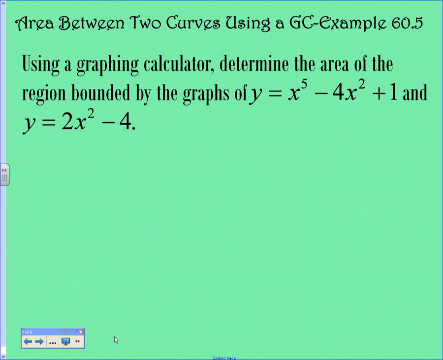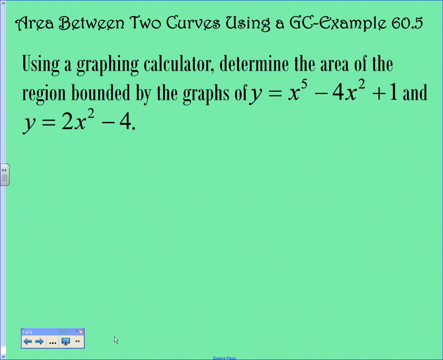Okay, how do we find area using the calculator? We did this yesterday. We go to Math 9, and it sets up our little integral for us.